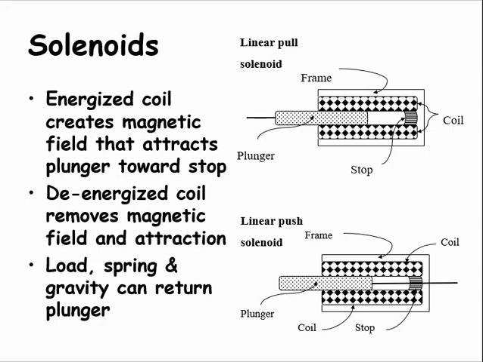When the coil is de-energized, the magnetic field disappears and the attraction between the coil and the plunger is removed. The plunger can return to its de-energized position because of a load attached to the plunger, or because of gravity if the solenoid is mounted vertically.